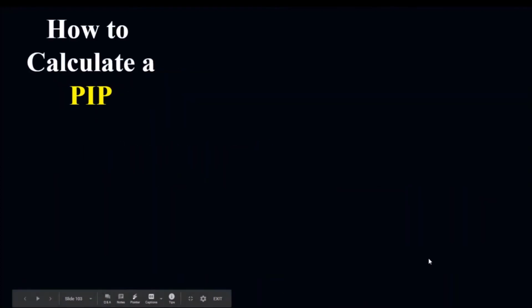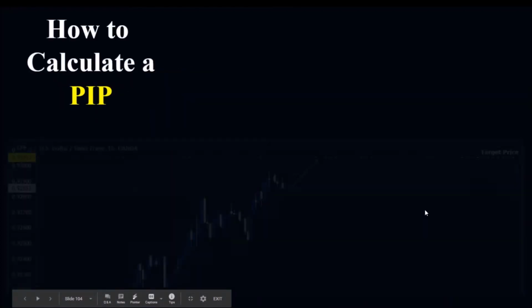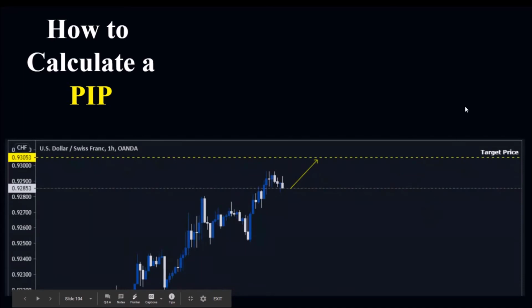All right, so how to calculate a pip? Well, I have a chart pulled up for you guys just to make this example clear and as concrete as possible. Here you can see I have a chart listed for US dollar Swiss franc on the 1 hour time frame.